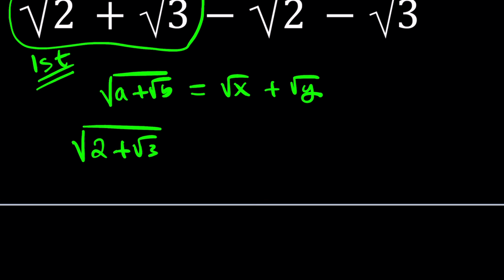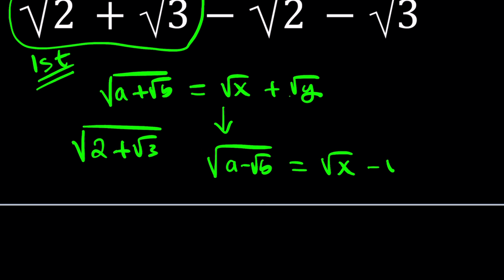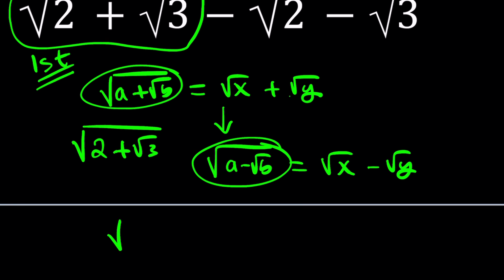They're conjugates. So we could safely say that if the square root of a plus root b is equal to root x plus root y, this implies that the square root of a minus root b is equal to root x minus root y. But we do need some requirements for this to be true. If you multiply these two things together, you're going to get the square root of a squared minus b under the radical.